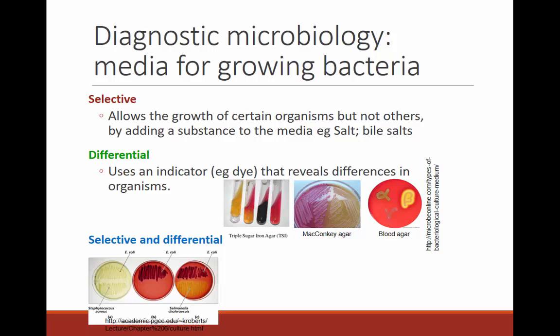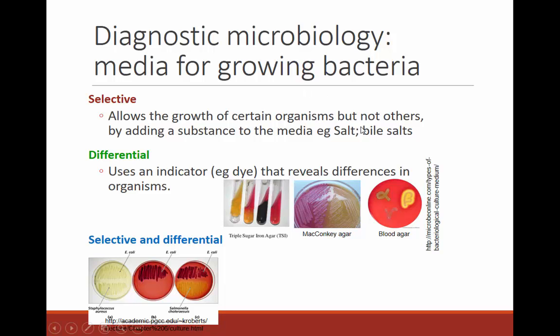But if we're looking at diagnostic microbiology, then we've got two main areas. We've got selective and differential. Selective growth just means that in the agar, and everyone's familiar with agar now, that solid gel, we can put different things in the agar to select for certain bacteria.